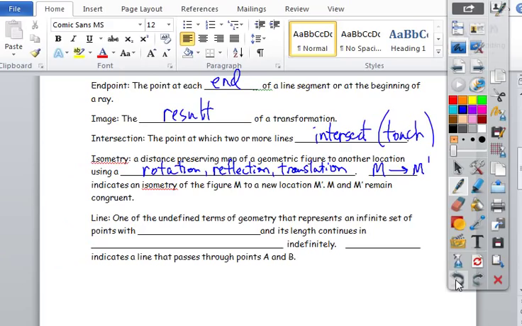All right, line, one of the undefined terms of geometry, represents an infinite set of points with no thickness.